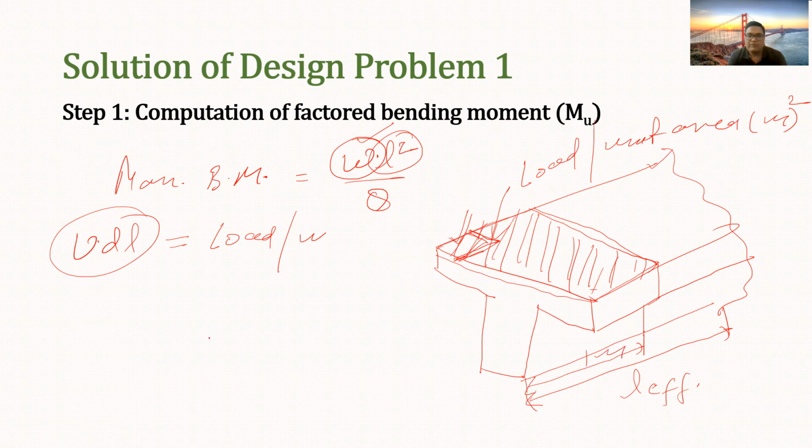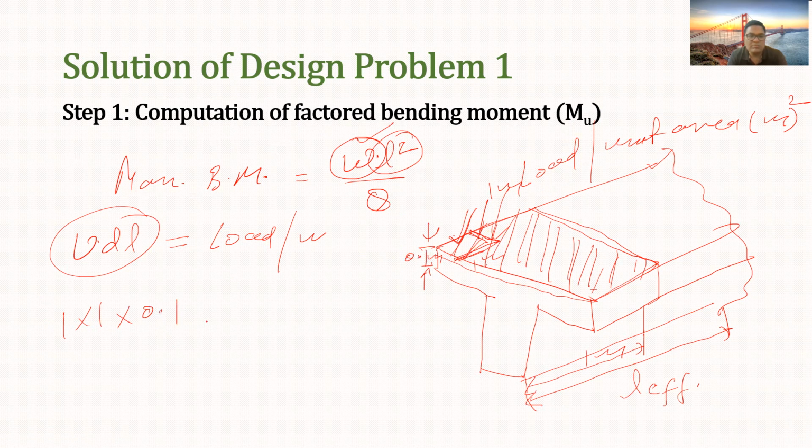For that, the load intensity would be, first, you can see this unit area we can consider as 1 meter by 1 meter. So the volume of this unit area will be 1 into 1 into thickness of this slab, and thickness of slab is 0.1 meter or 100 mm.